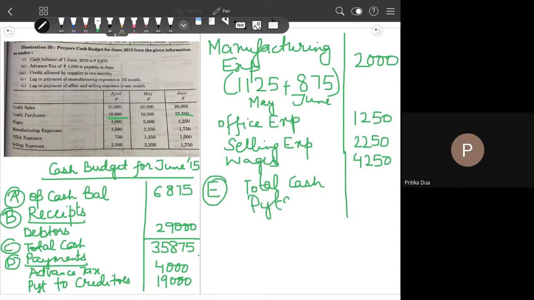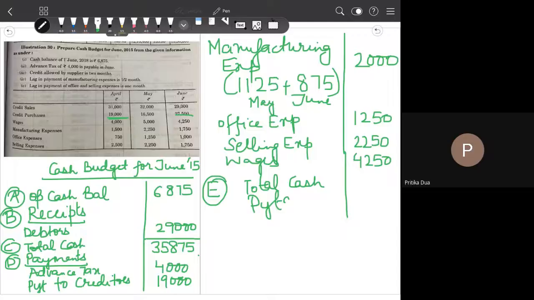Just total it up. It is the total of cash payments, so this comes to 32,750.